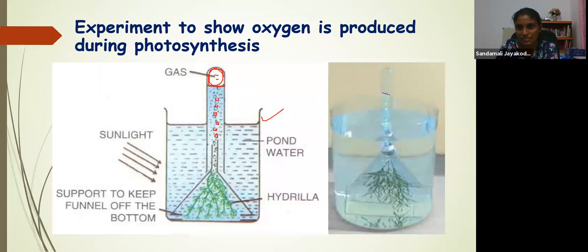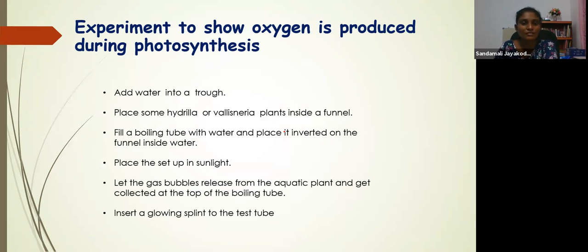Here also you can see in this upper area there's a collection of some gas. We don't know what this gas actually is. Since we have learned about photosynthesis, we know it should be oxygen gas, but we are going to test whether it is oxygen or not.